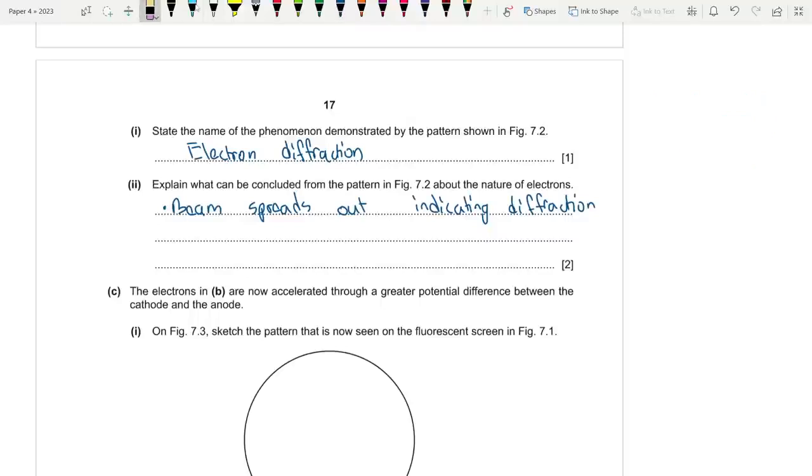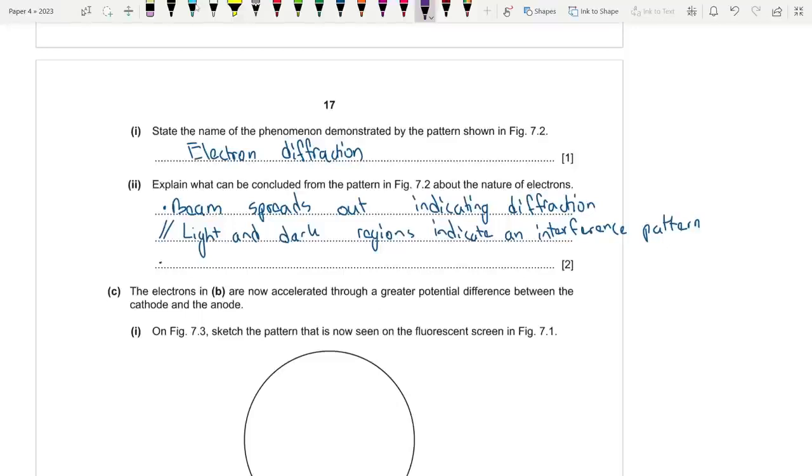That was an interference pattern due to superposition. Or the alternate mark for this point is that light and dark regions indicate an interference pattern. Now, what about the second point that we need to get?